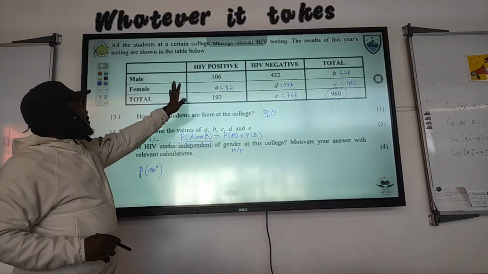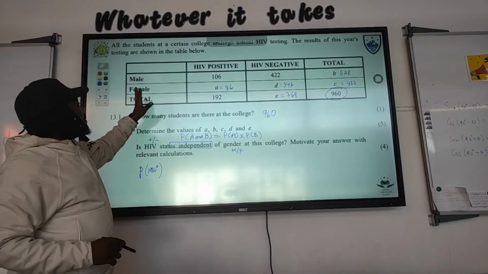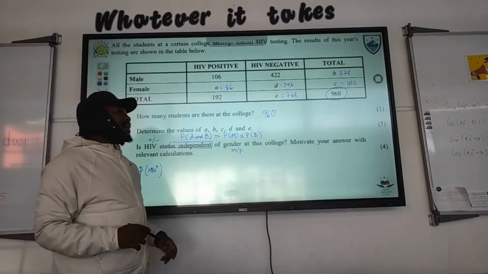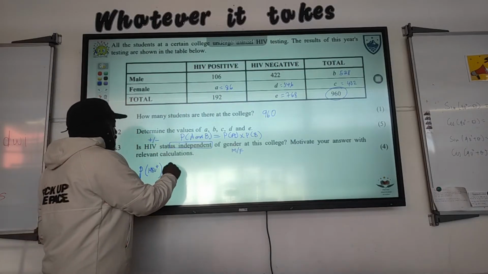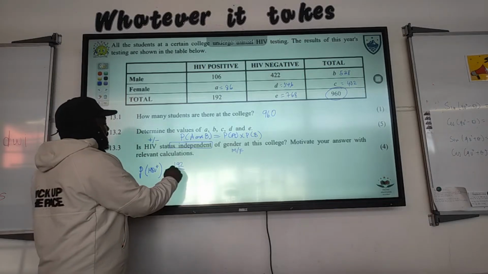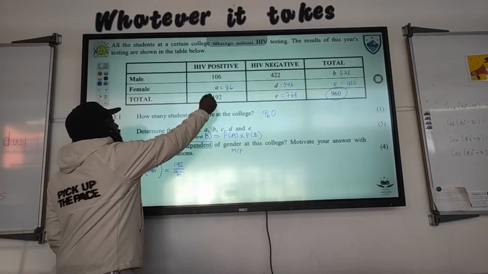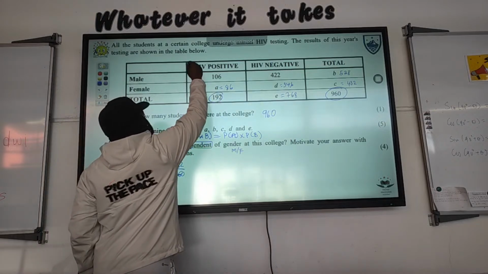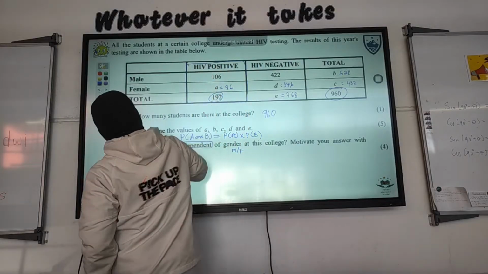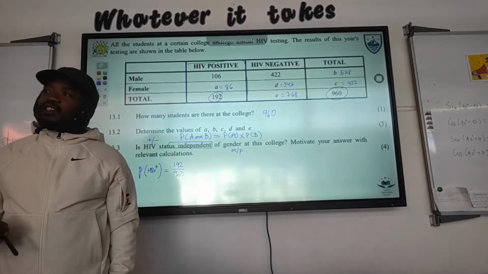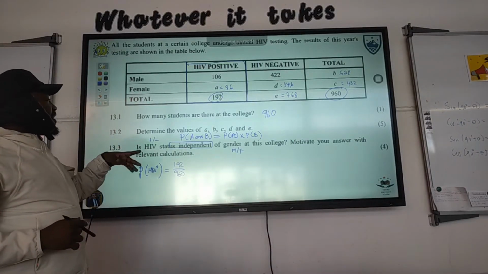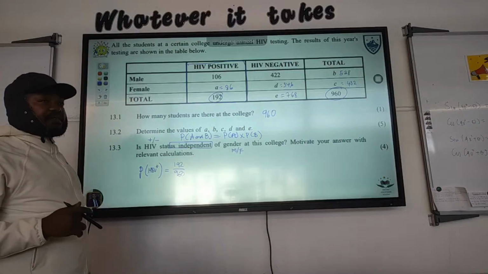Let's look at HIV positive. The total number of HIV positive, irrespective of whether you are male or female, is 192. I'm going to use the HIV positive status to check if the status and the gender are independent.